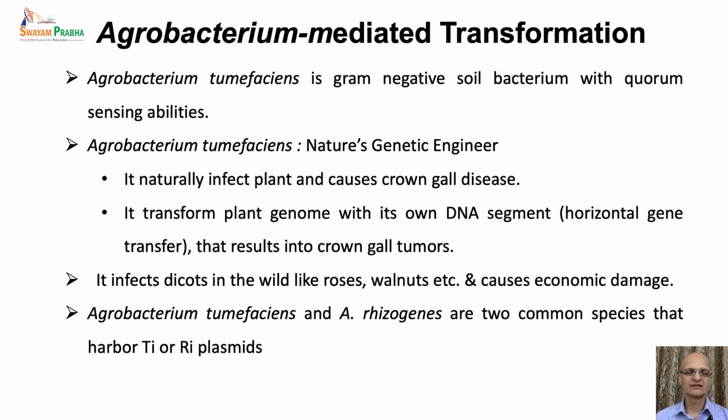These species harbor Ti and Ri plasmids, that is, Ti is for tumor inducing plasmid and Ri is for root inducing plasmid. In this lecture, I will focus more on Agrobacterium tumefaciens that has a Ti plasmid and causes the crown gall disease.